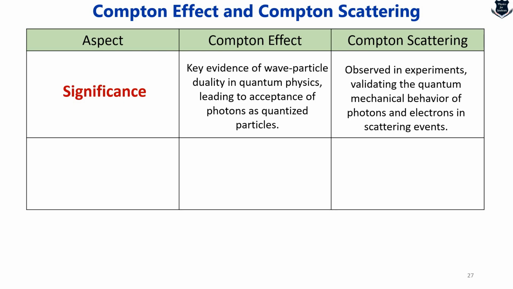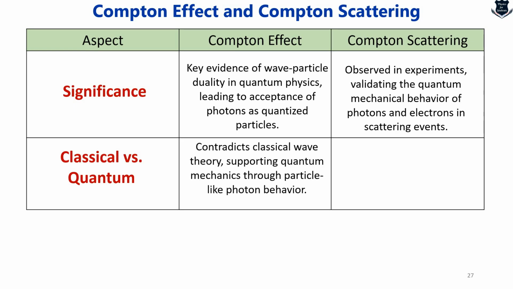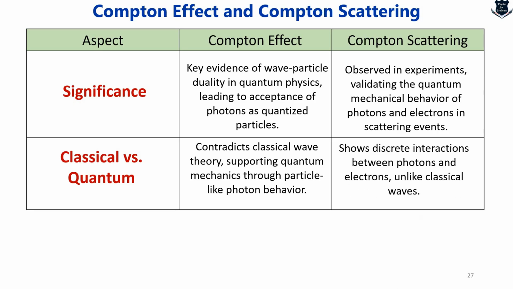Also, Compton scattering is observed in experiments validating the quantum mechanical behavior of photons and electrons in scattering events. Classical versus quantum: the Compton effect contradicts classical wave theory, supporting quantum mechanics through particle-like behavior, and Compton scattering shows discrete interactions between photons and electrons, unlike classical waves.